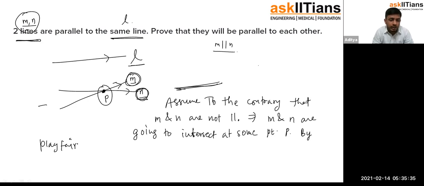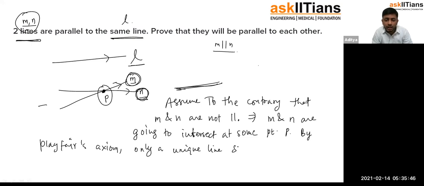By Playfair's axiom, only a unique line shall pass through P which is parallel to line L.